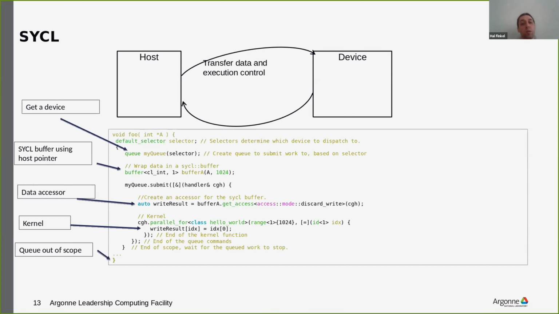Now, one thing I want you to notice here, and we'll come back to this later, is that the constructs in this programming model are sort of language and library based. So you create objects such as queues and buffers. You submit things to queues and access things through library abstractions. This is going to have certain trade-offs as we think about compiler optimizations later as a trade-off versus user control.